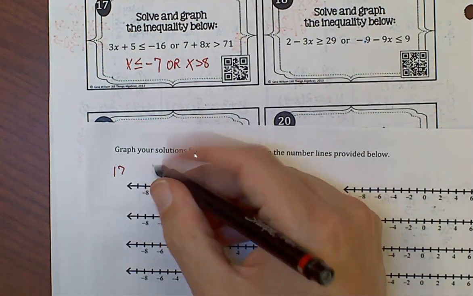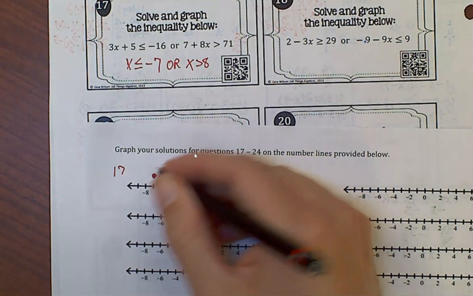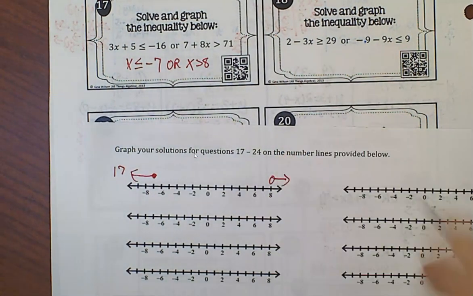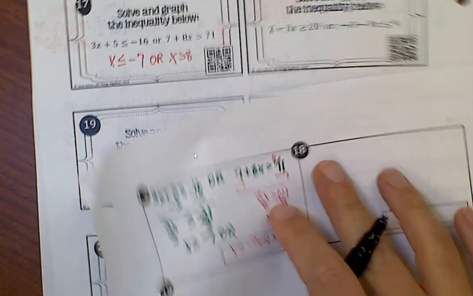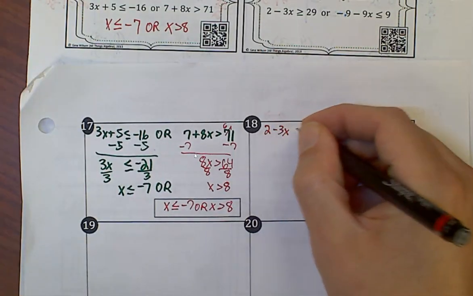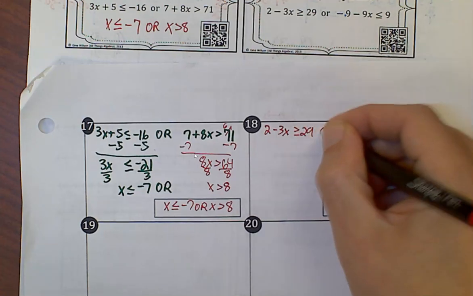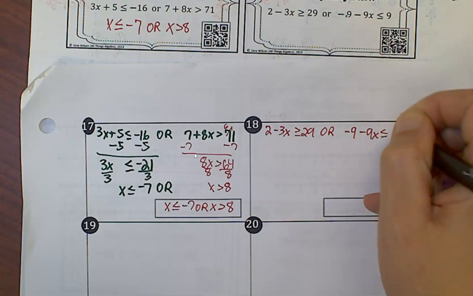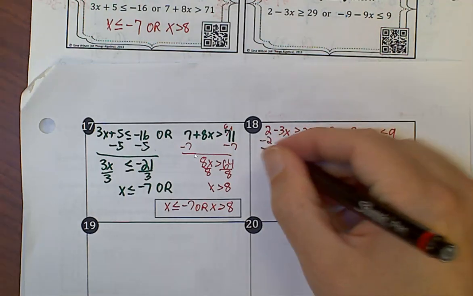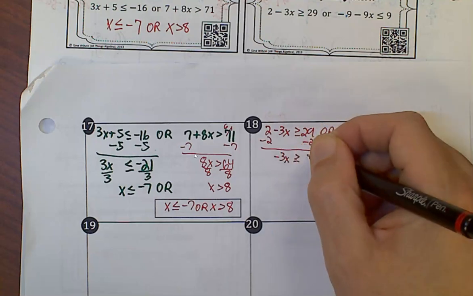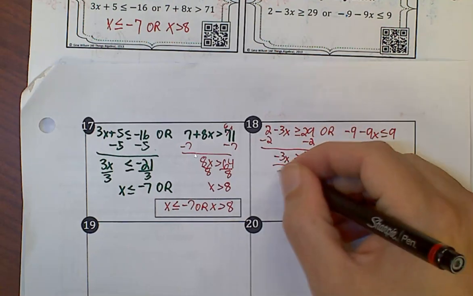So you do a closed circle on -7, open circle on 8, 18, here we go. It's another OR. These are called compound inequalities. This will get you ready for the quiz.